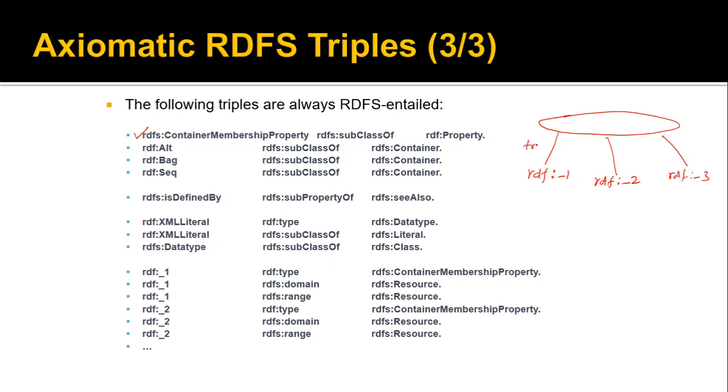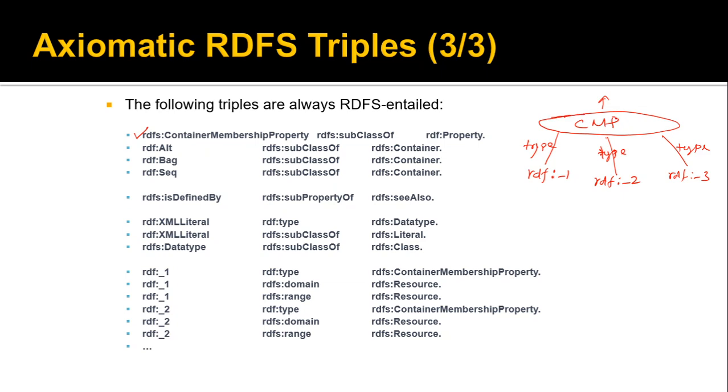So these are all of type container membership property, right? And this container membership property of course is a subclass of property. So though it is named as a property, this is a class.